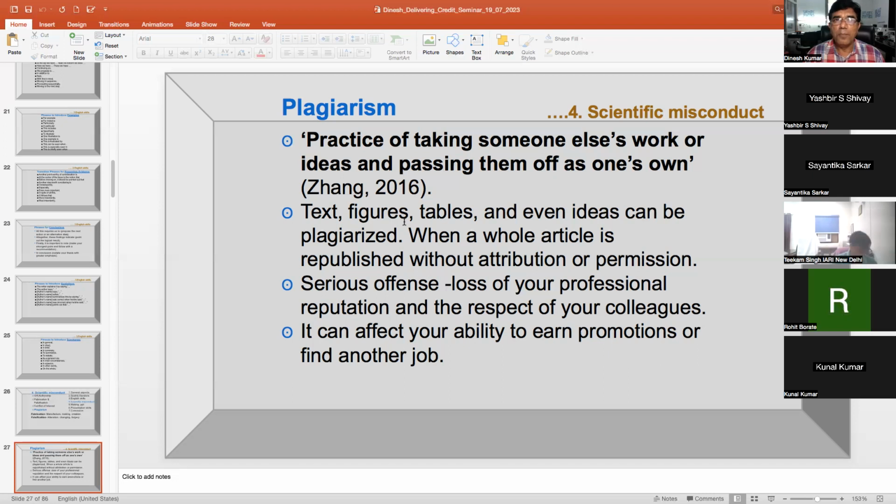You can use many figures, many works, but you should give credit to the publisher or author. It is a serious offense, and loss of your professional reputation can happen. You can also lose respect before your colleagues. It can affect your ability to earn promotions or find another job also. Sometimes people can be in trouble.